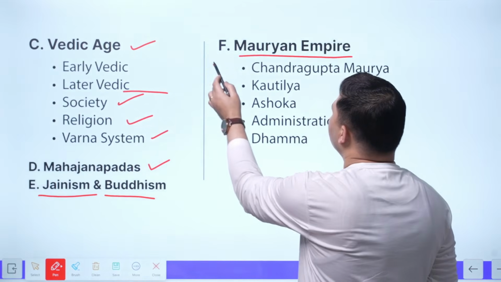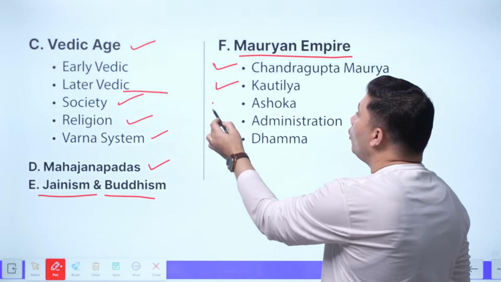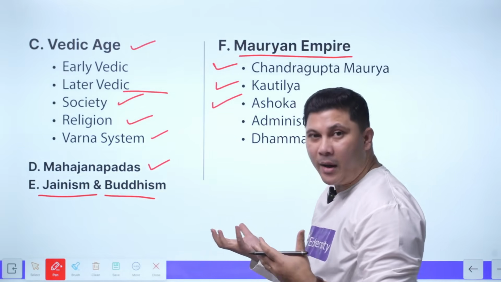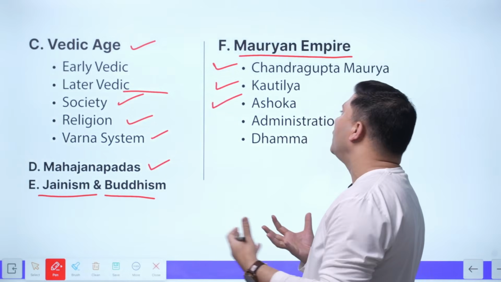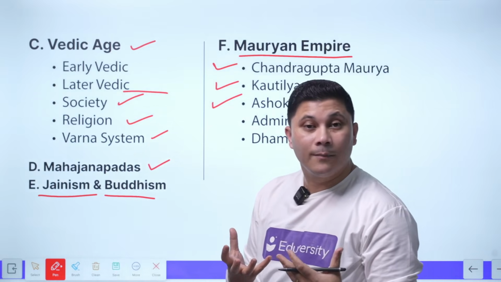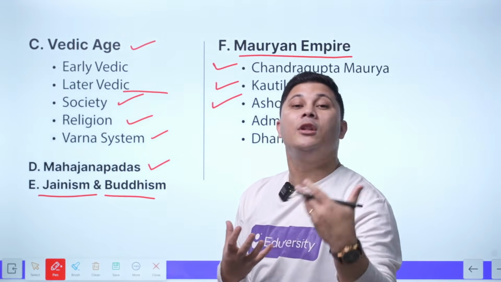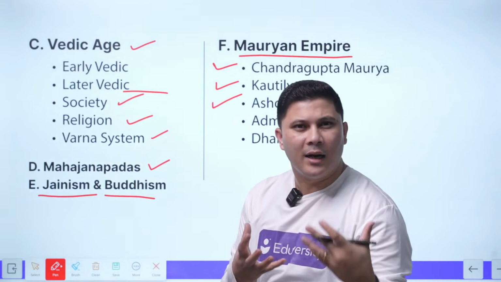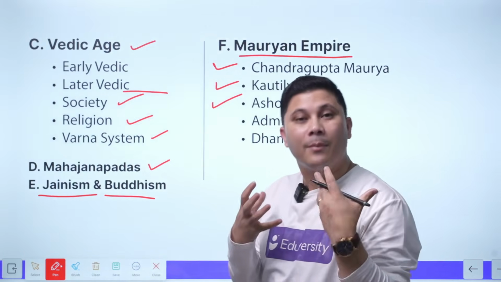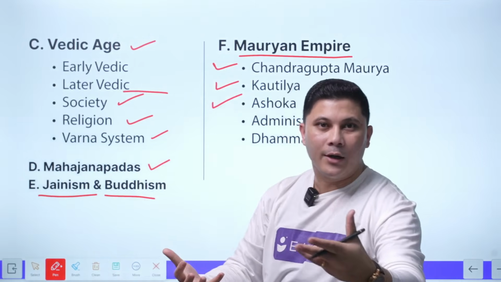So you have to understand Chandragupta Maurya, you have to understand Kautilya, you have to know Asoka, one of the greatest Mauryan emperors, how after the Kalinga War, Asoka embraced Buddhism, and under which monk, Buddhist monk, I guess Upagupta, and after embracing Buddhism, how he preached Asoka's Dhamma. You got a point, right?